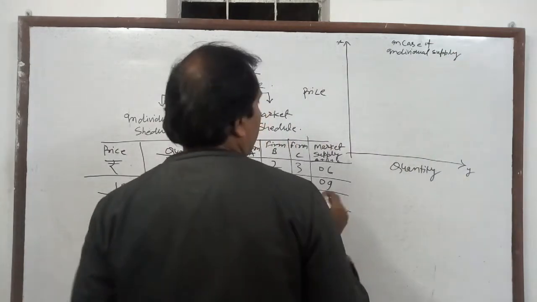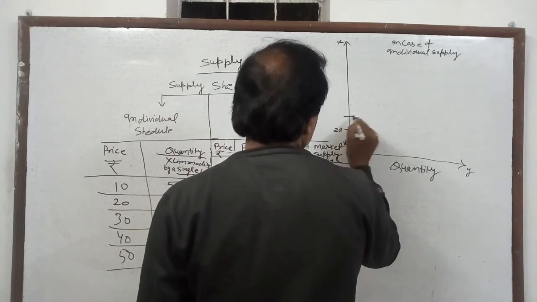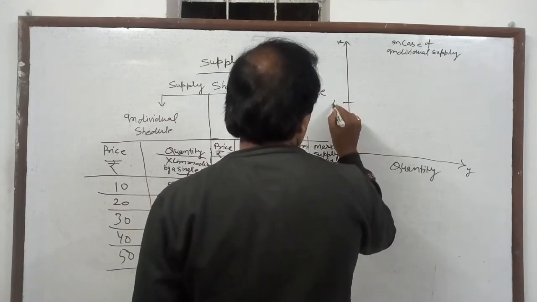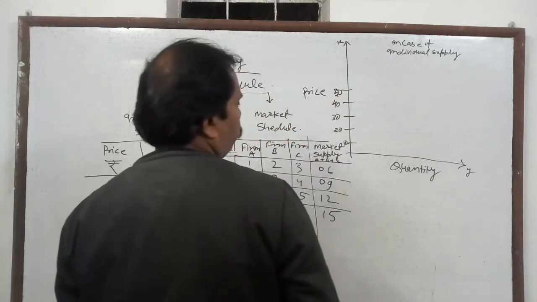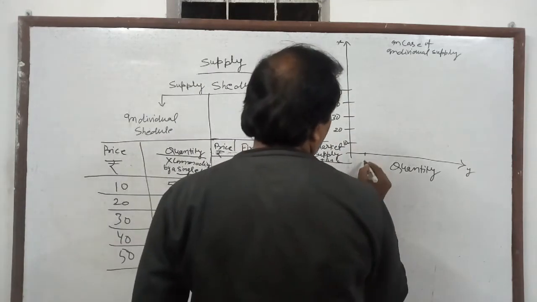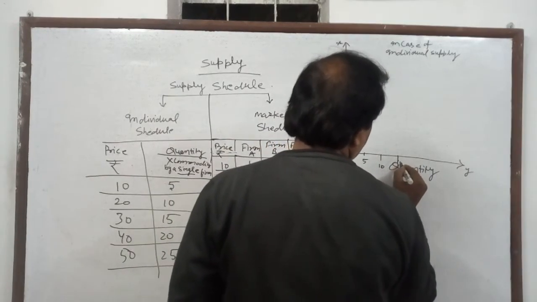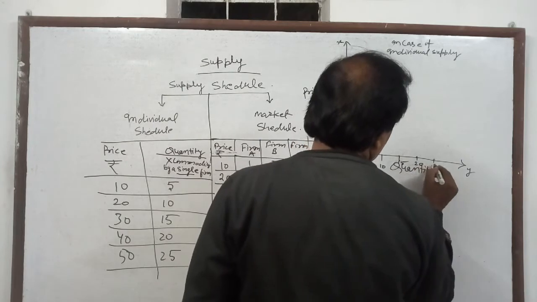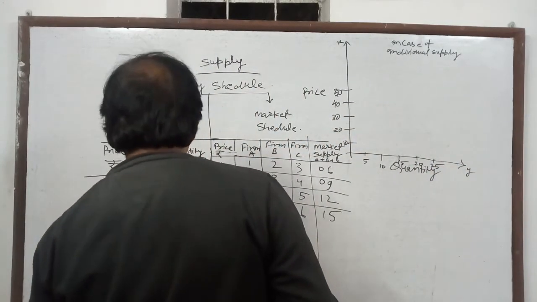So suppose the price is 10, 20, 30, 40, 50 and so on. And the quantity supplied is 5, 10, 15, 20, 25 and so on. So what do you find?